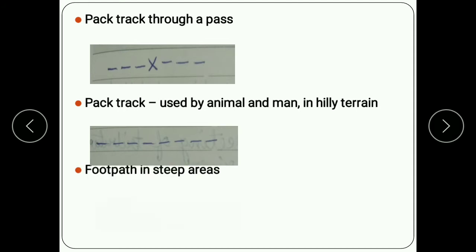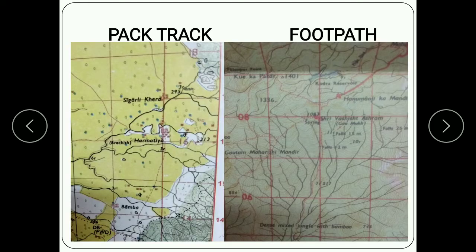Footpaths are only shown in hilly regions as well as steeper areas. As you can see on the topographical map, there is a pack track given, and also the second part you can see is a hilly region because so many contour lines are present, and a footpath is also present over here, in dotted red color.